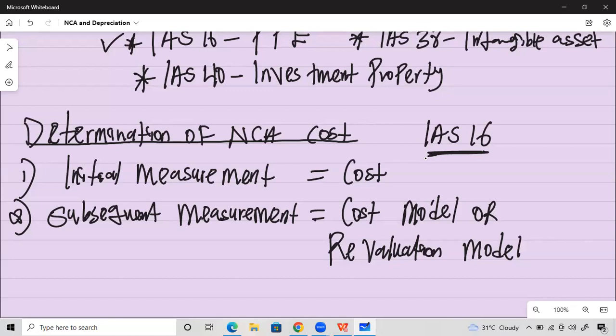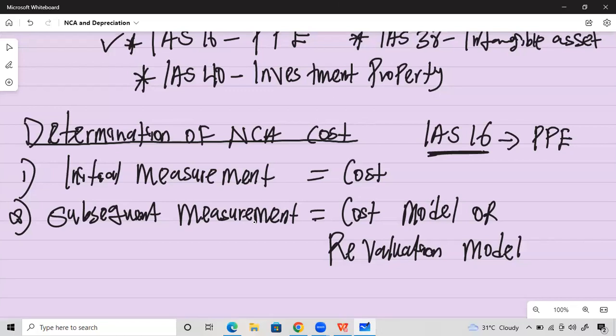So IAS 16 said that if you want to measure your property, plant, and equipment, the initial measurement will be at cost, while the subsequent measurement will be either cost or revaluation model.